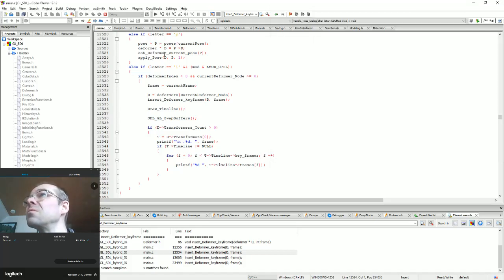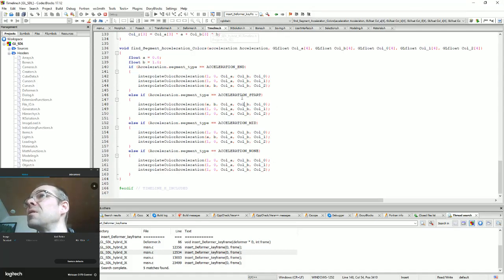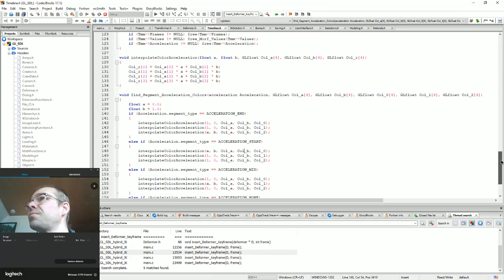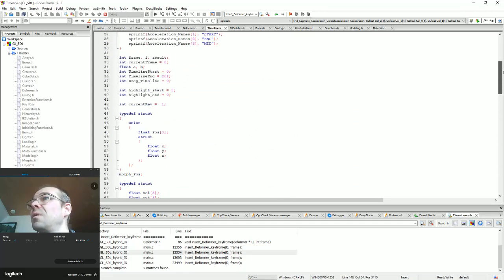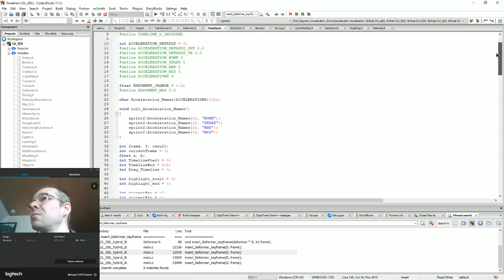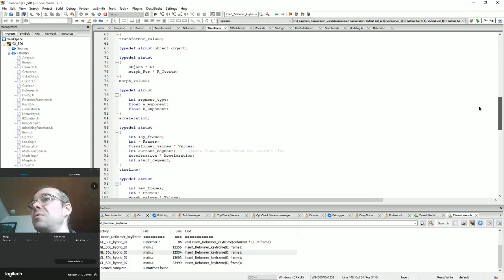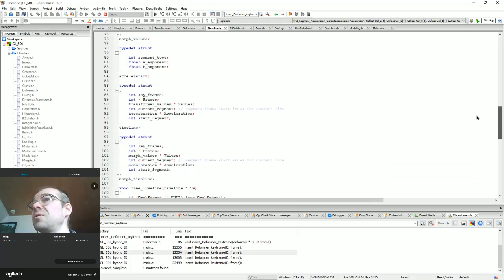Let's take a look here. We have a timeline here, and if I can spot this structure, here we see timeline structure is one thing, and the morphed timeline is another thing.